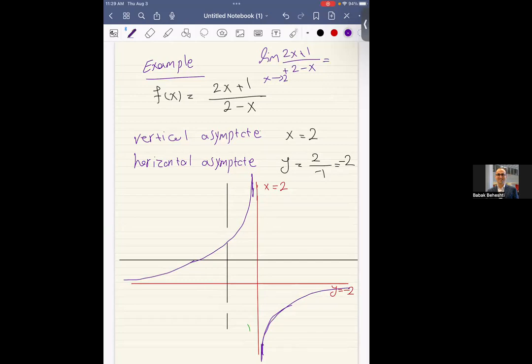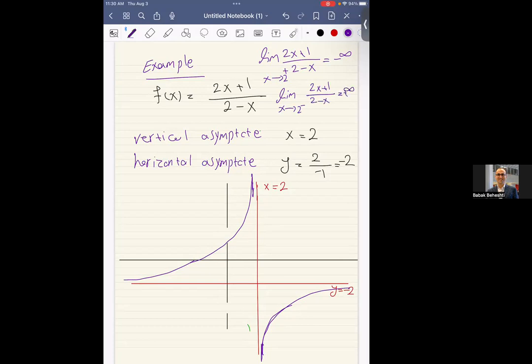But something close to 2 and greater than 2, like 2.1. So this is equal to plus infinity, sorry, minus infinity. The reason is because the denominator is negative and the numerator is positive, right? And the limit when x goes to 2 minus is plus infinity.